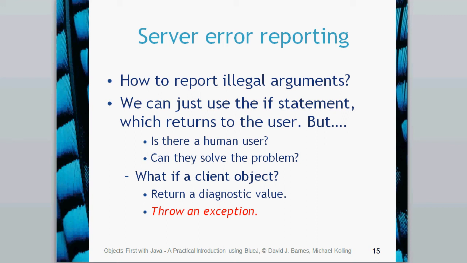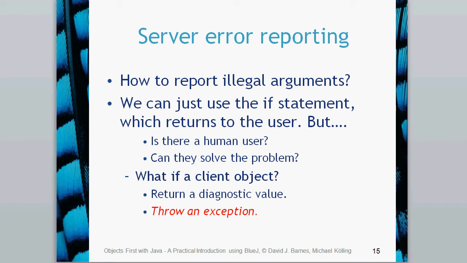But if it's a human user, then fine, you might give them an error message, but could they solve the problem? And what about if it was another class using that class? Then what happens? Can you return a diagnostic value, or can you throw an exception? We're going to look into throwing exceptions in a minute.